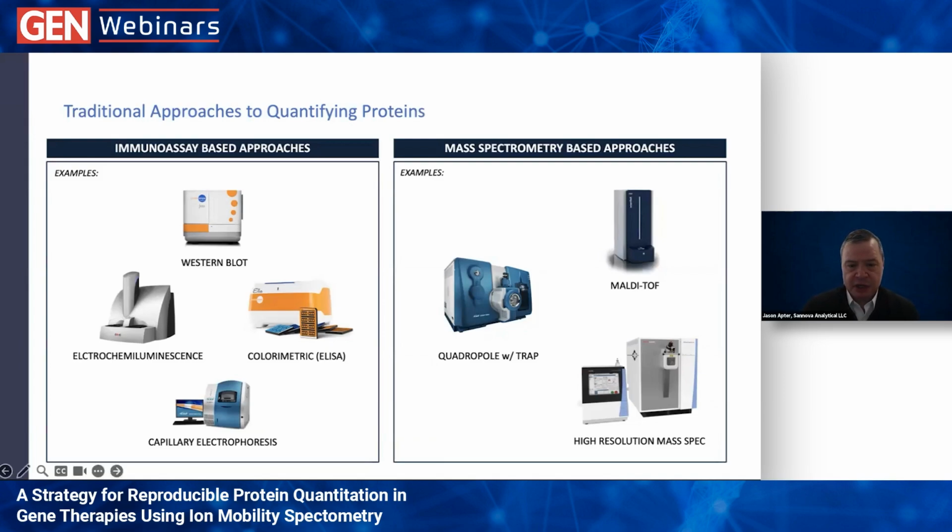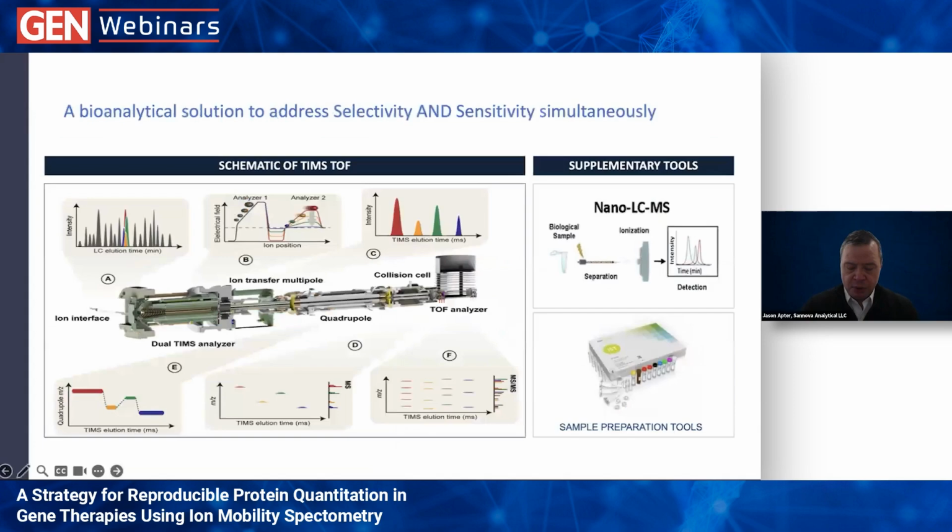I'll shift the discussion now, guys, to what a number of the folks on the call are interested in: a new bioanalytical solution that may potentially address both selectivity and sensitivity simultaneously, while also providing a speedy platform to develop methods on.